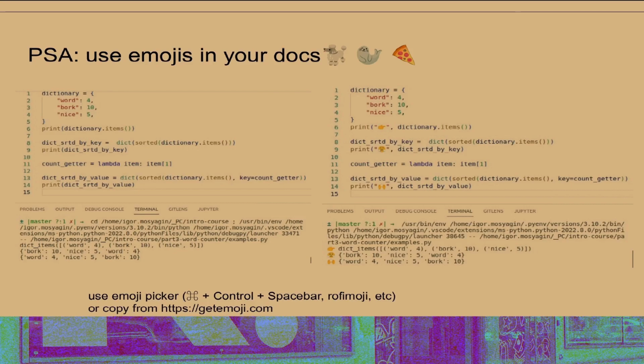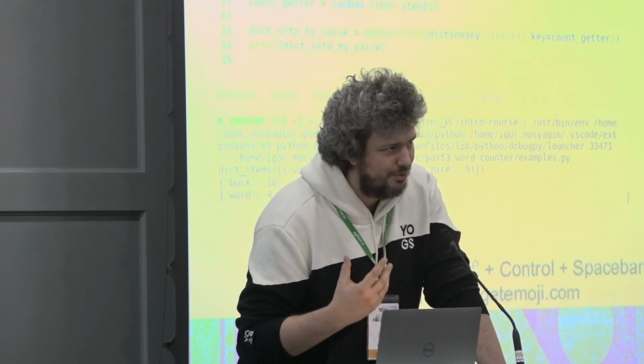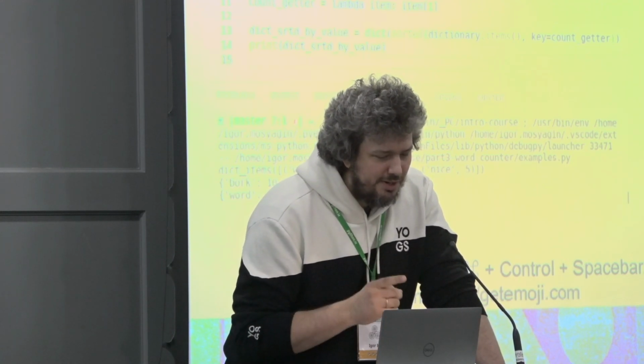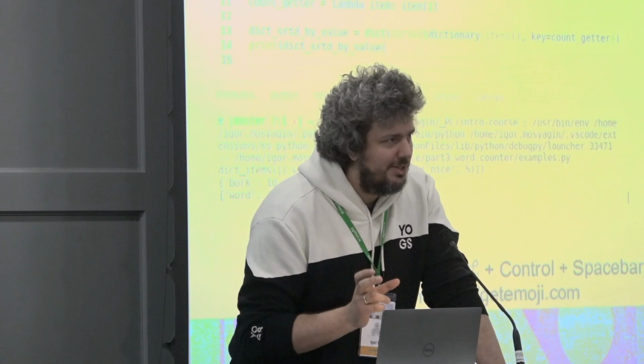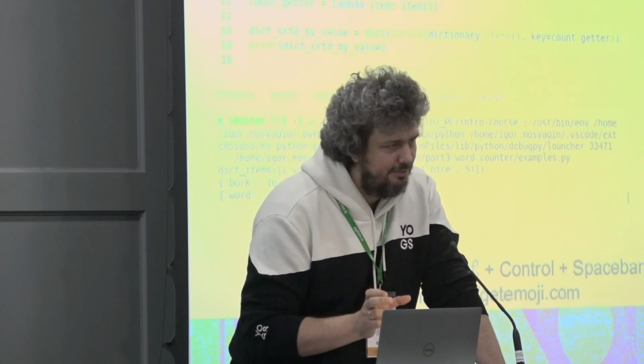And it helps at least to speed up your creation of good documentation and other people finding out what you're trying to say. So here is an example of the same basic concept where I print some stuff from a dictionary in different ways.